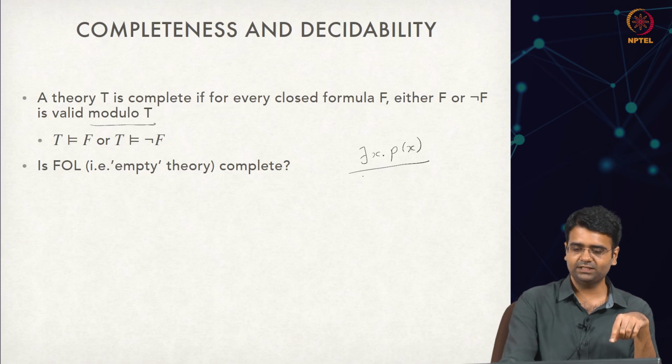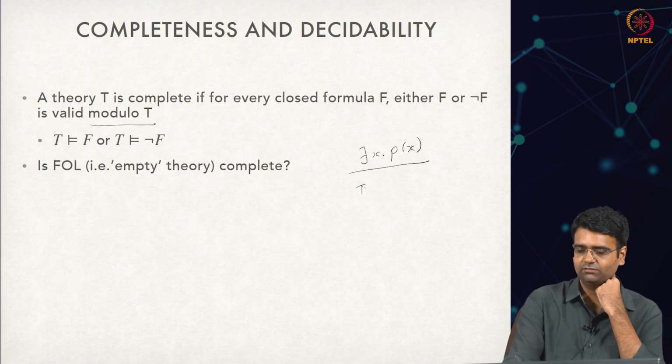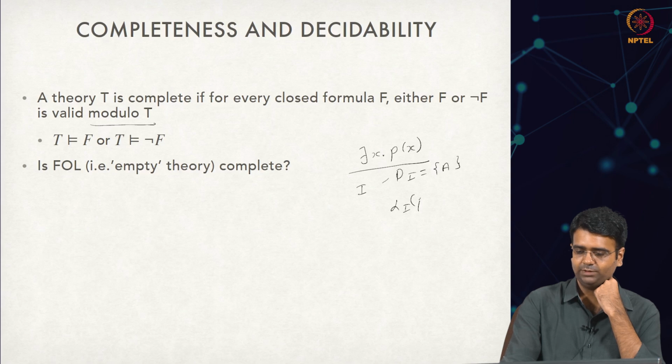So if I consider, let's say, this interpretation I, whose domain only contains one element, and the assignment of P assigns, let's say, that a to false.